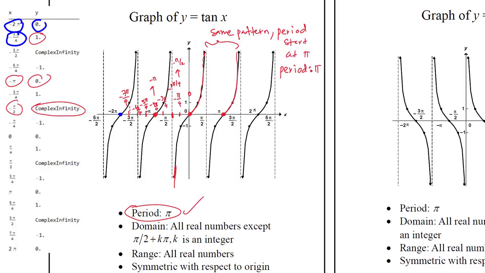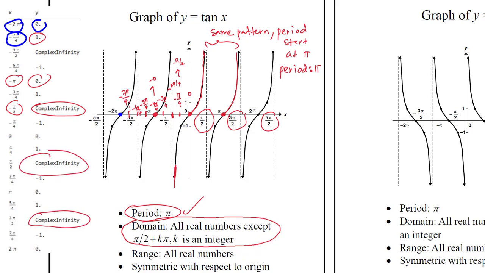The domain is all real numbers except pi over 2 plus k pi. That means here and here, pi over 2 plus k pi, is not in the domain. Because when you put the values pi over 2, 3 pi over 2, 5 pi over 2, you get infinity.